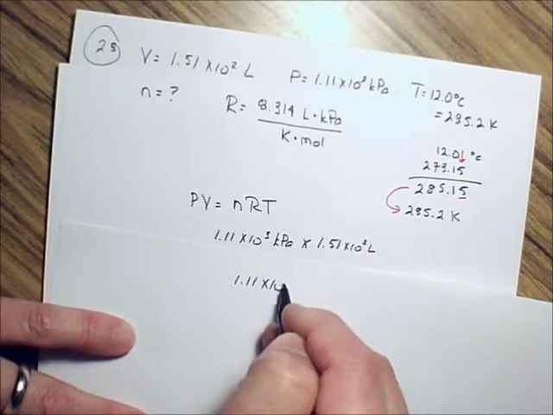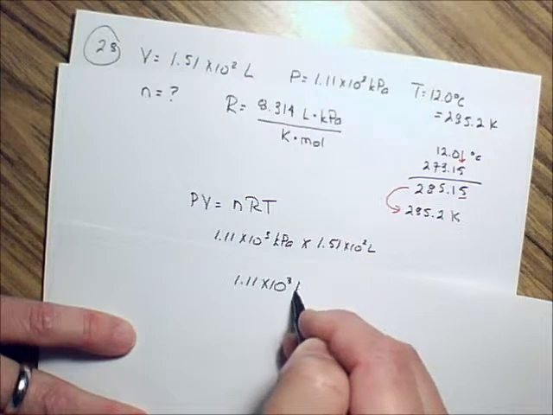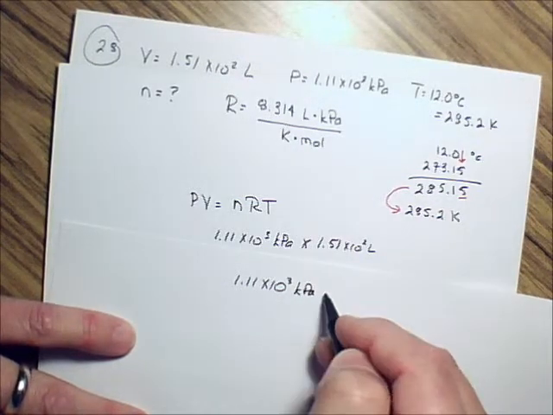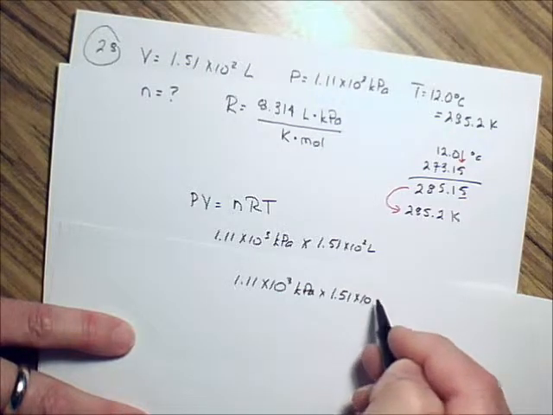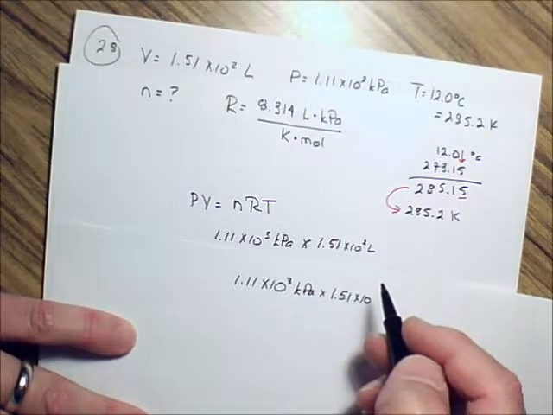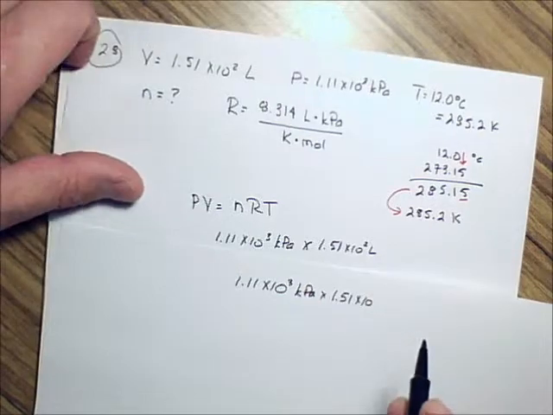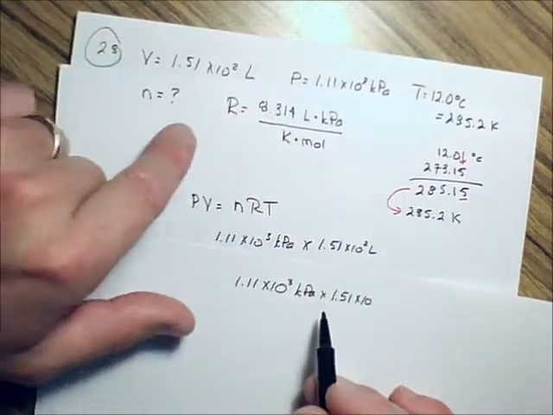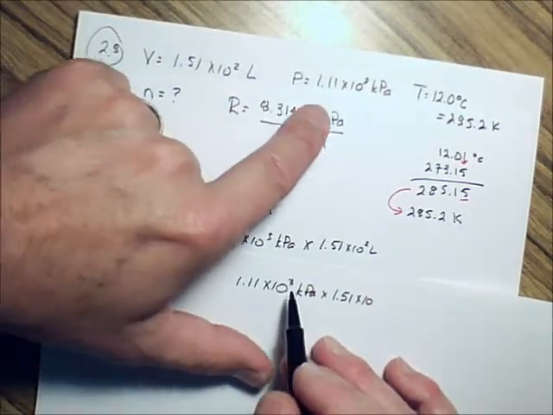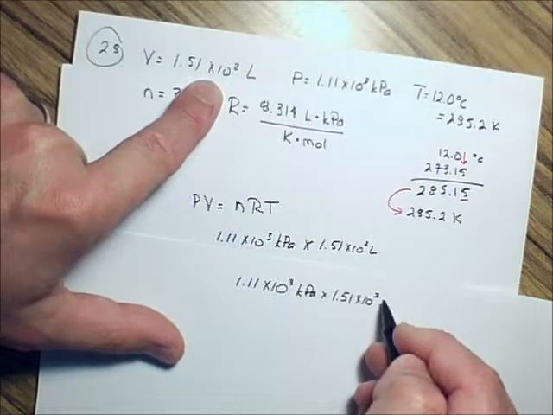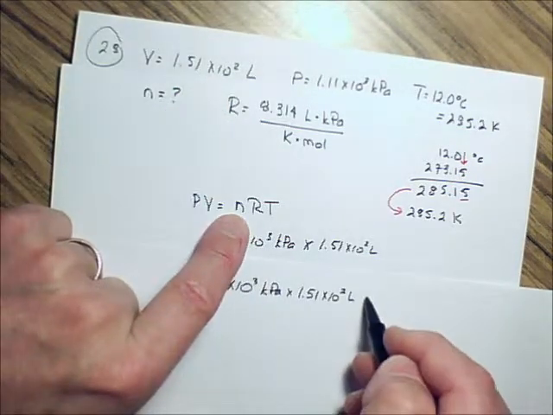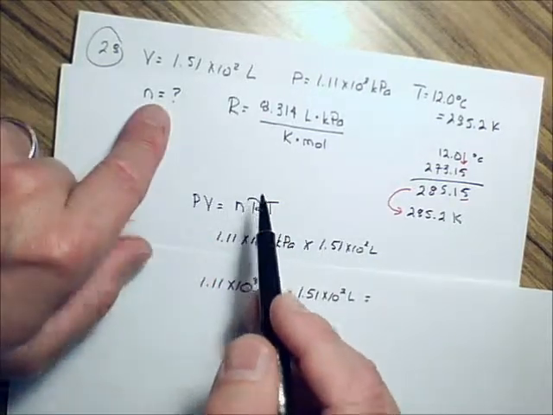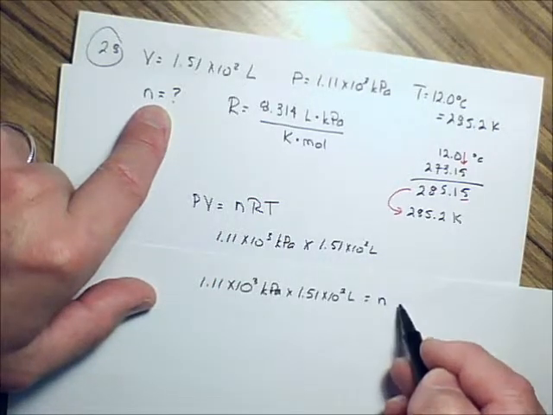1.11 times 10 cubed kPa times 1.51 times 10 cubed liters. And that's going to equal, we don't know what N is, so we're going to leave N alone.